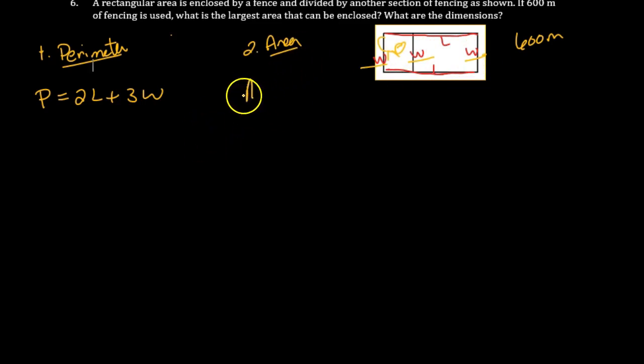And then area, well, we want to know the maximum area that can be enclosed. So for area, we're thinking all of this here, which is still going to be length times width.